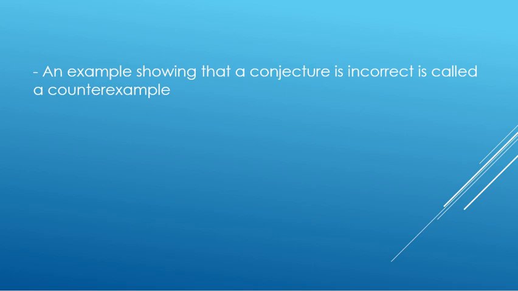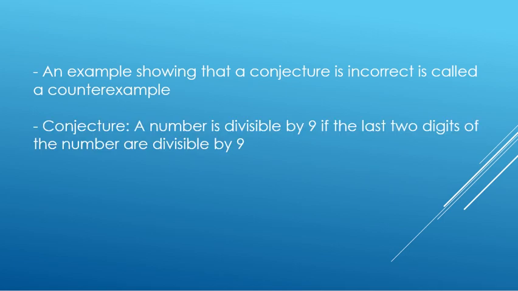If you get posed a question like that, and you come up with a sample that shows that the conjecture that you could draw is not correct, then it's called a counterexample. And here's an example of what we're talking about with a counterexample. So here is a conjecture.